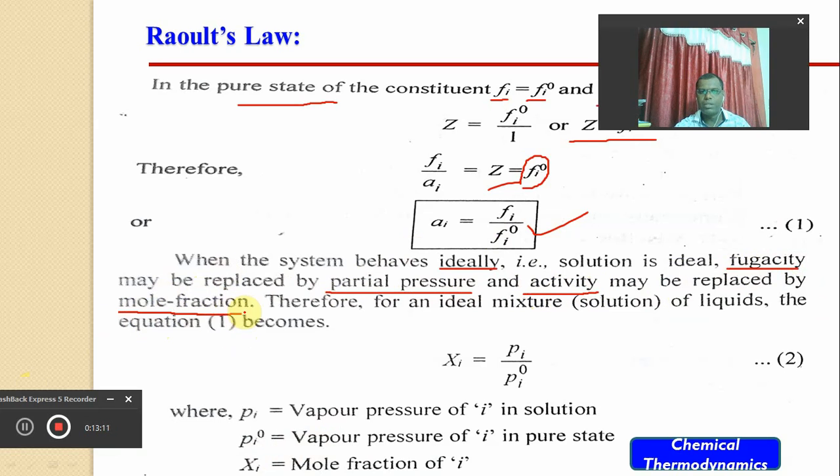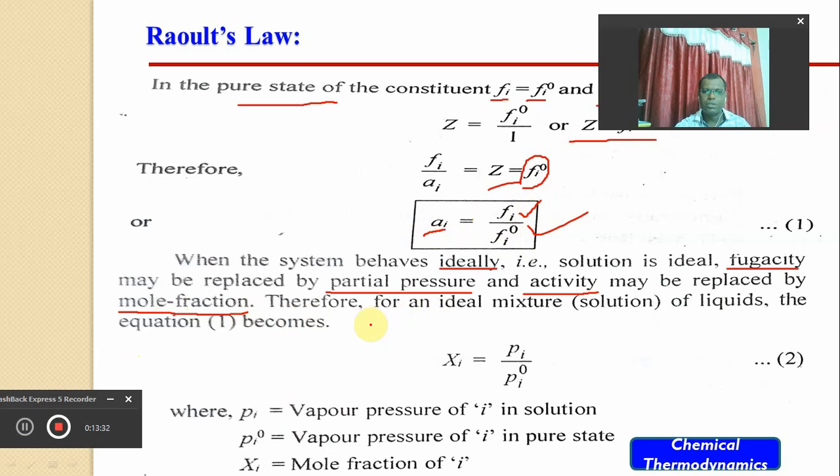So remember that when the solution behaves ideally, the fugacity of a particular component is always replaced by partial pressure, while the activity is replaced by mole fraction. So here fugacity will be replaced by partial pressure, and the activity will be replaced by the mole fraction of that component.